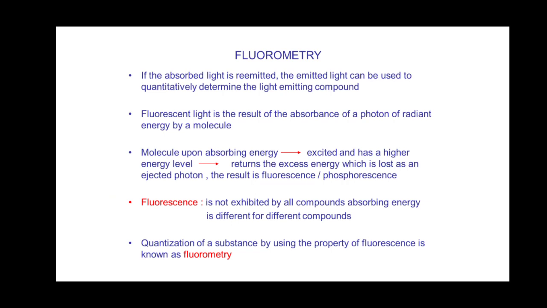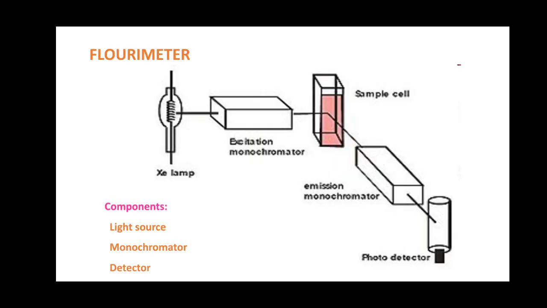Fluorescence is not exhibited by all compounds absorbing energy; it is different for different compounds. Quantification of a substance by using the property of fluorescence is known as fluorometry. A fluorometer measures the fluorescence of a compound.